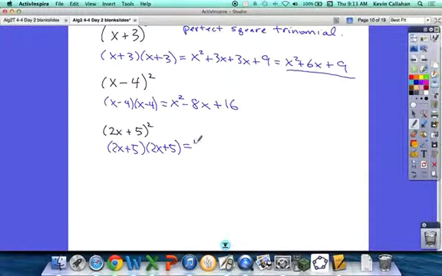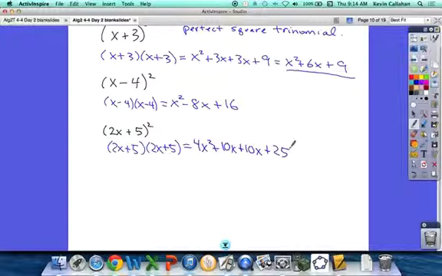4x squared plus 2x times 5 is 10x. And then you're going to get another 2x times 5, another 10x. And then you're going to get the 5 times the 5, which is 25. So notice what we've got here. You've got the first term, 2x squared, that's that.